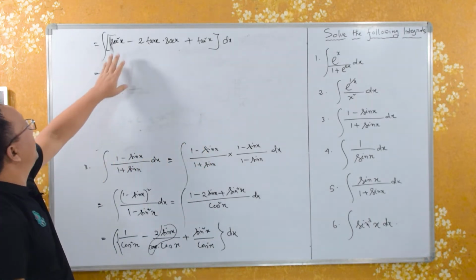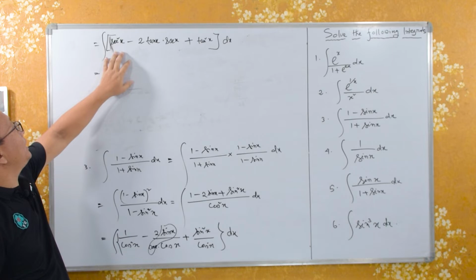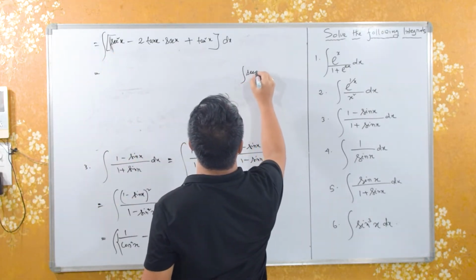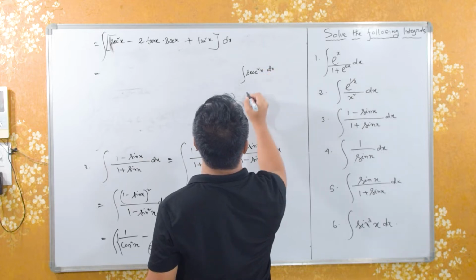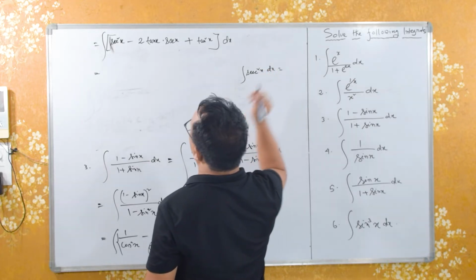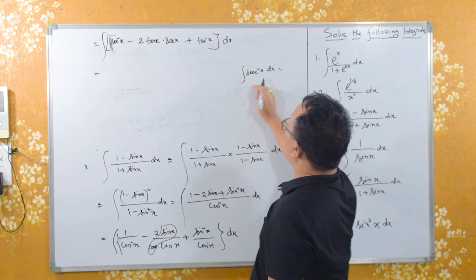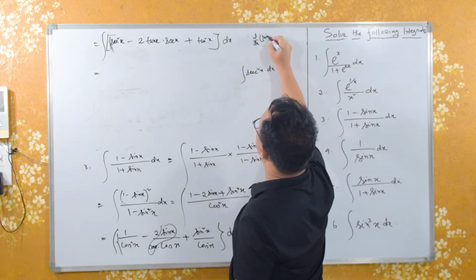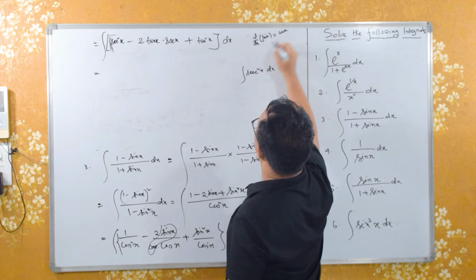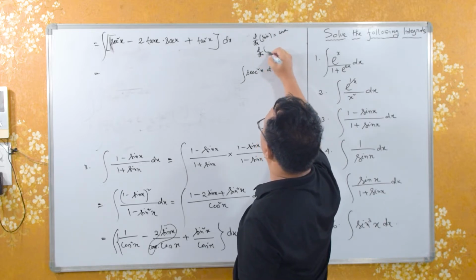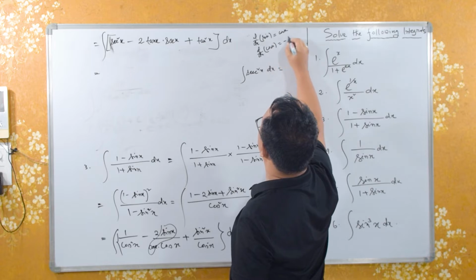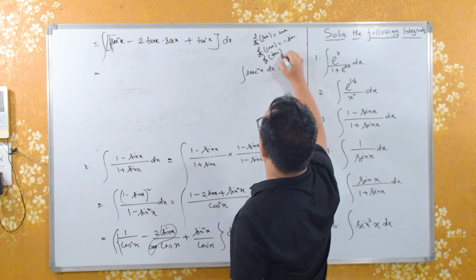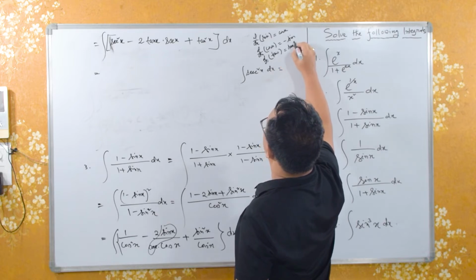Now here, integral of sec square x dx. You don't remember? Remember d by dx of sin x is cos x, d by dx of cos x is minus sin x, d by dx of tan x is sec square x.